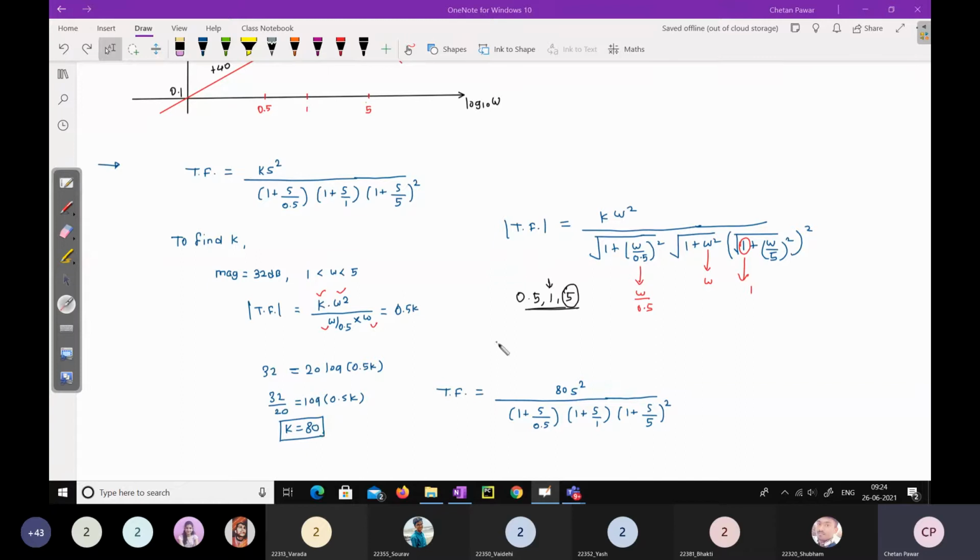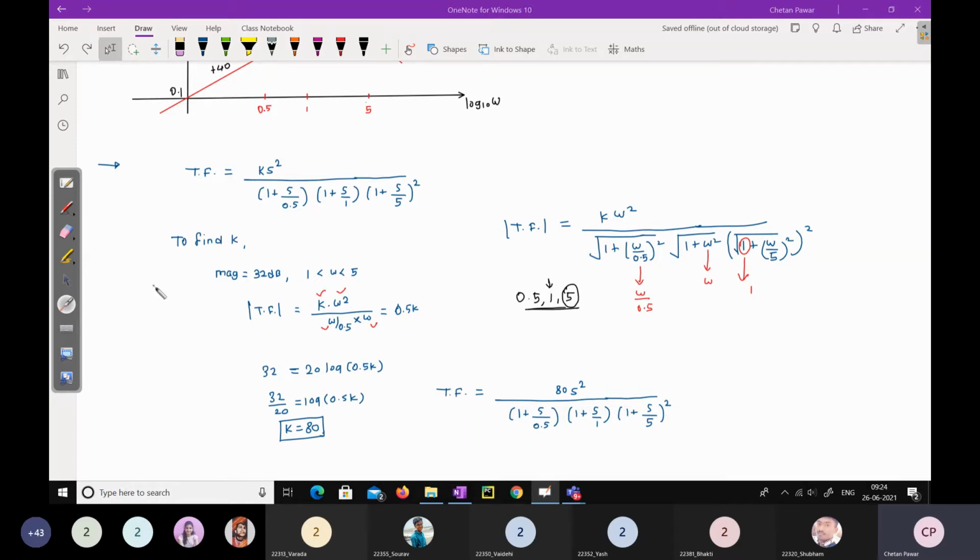This way you can find out the value of the DC gain. In the transfer function you put k equal to 80, and the overall transfer function will be 80 s square divided by 1 plus s by 0.5 into 1 plus s by 1 into 1 plus s by 5 square. This way, you can find out the DC gain.